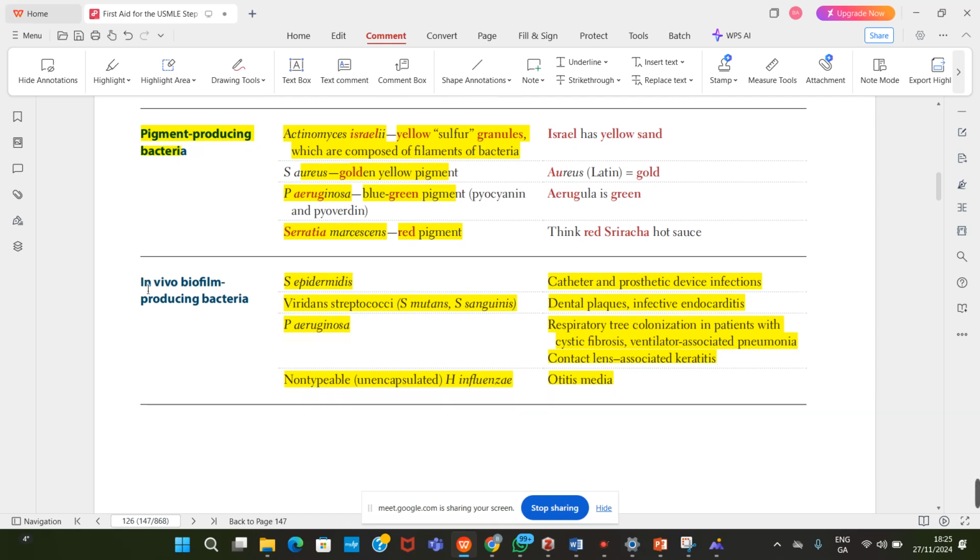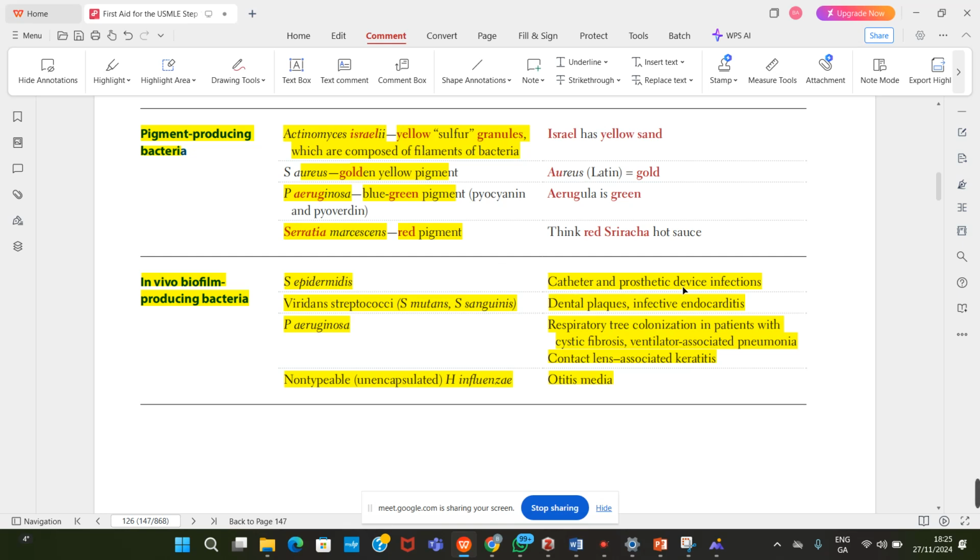Moving on to the biofilm producing bacteria, the bacteria that have a tendency to form biofilm in vivo. The first and most important that you cannot forget is Staph epidermidis. It gets attached to catheters and prosthetic devices.